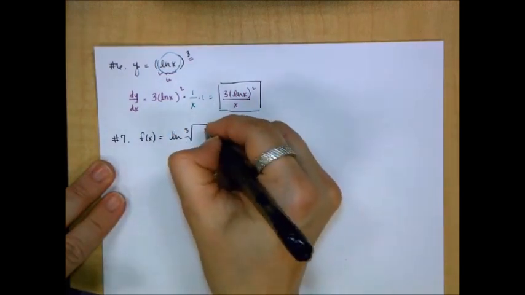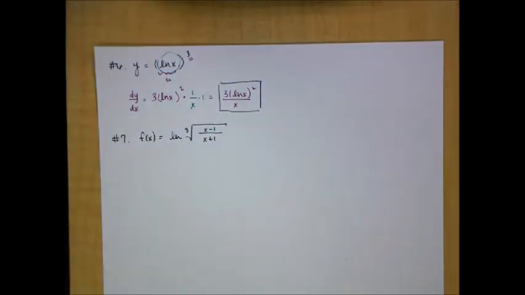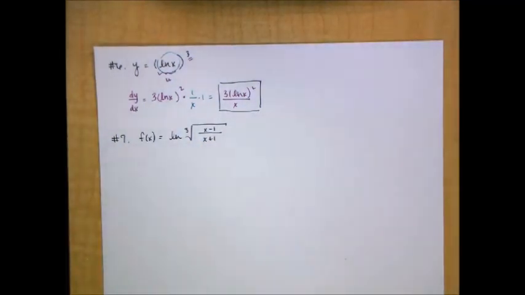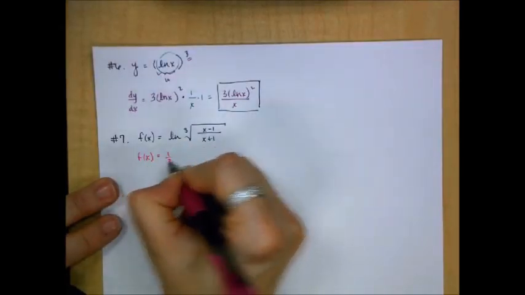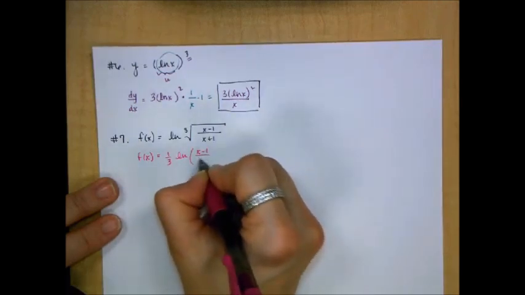All right, so we want to do the same thing here. This cube root is a 1/3 power, so our power rule says we can bring it out front. So that's 1/3 times the natural log of x minus 1 over x plus 1. From there I can use my quotient rule and split this apart.